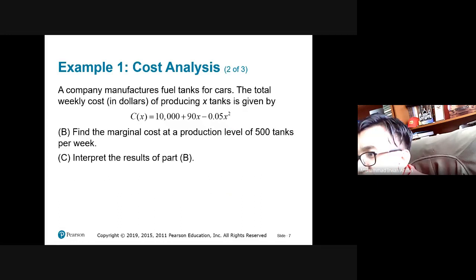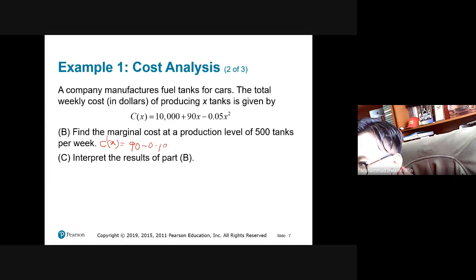Now, find the marginal cost at the production level of 500 tanks per week. So let me just rewrite. We have already found the marginal cost C prime of x, which equals 90 minus 0.1x. So now we want to know what is the marginal cost of producing 500. So what do we need to do? We simply substitute this 500 into x.